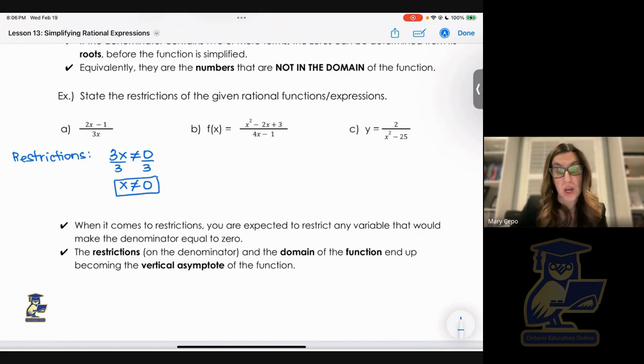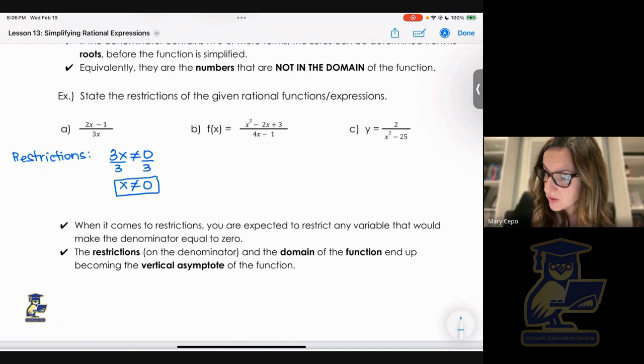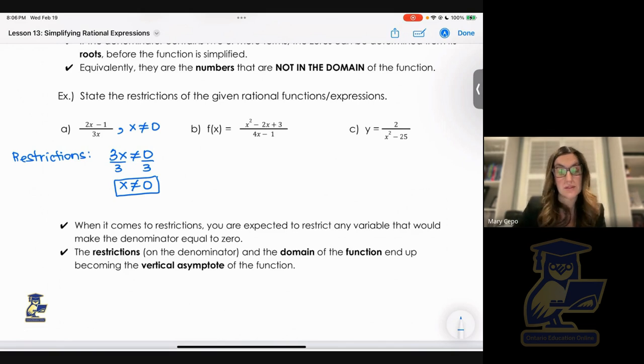And you can quickly check. If you sub in x to be 0, your denominator would result in 0, because 3 times 0 is 0. So therefore, we can state x can be any number, but it cannot equal 0. That is the point where our function is undefined. Looking at B, we're now given a rational function. f at x is equal to x squared minus 2x plus 3 all over 4x minus 1.